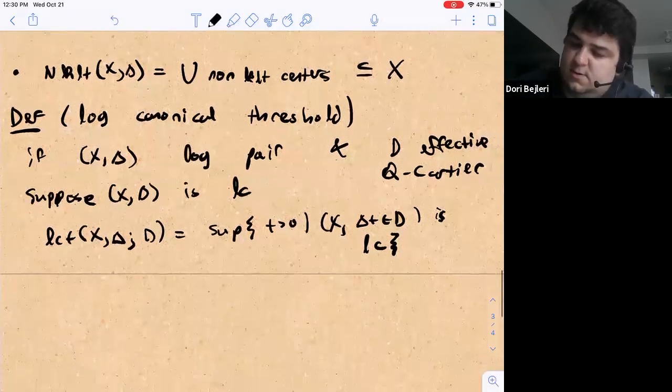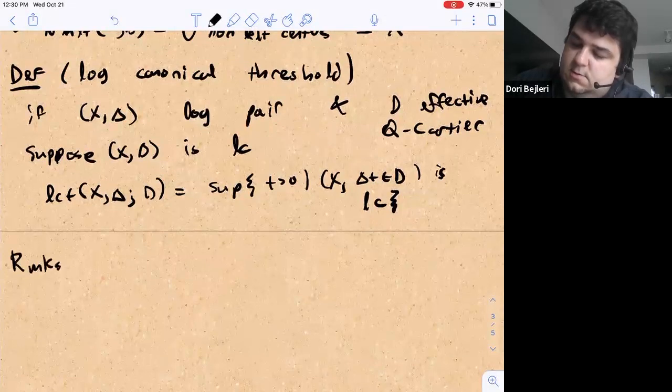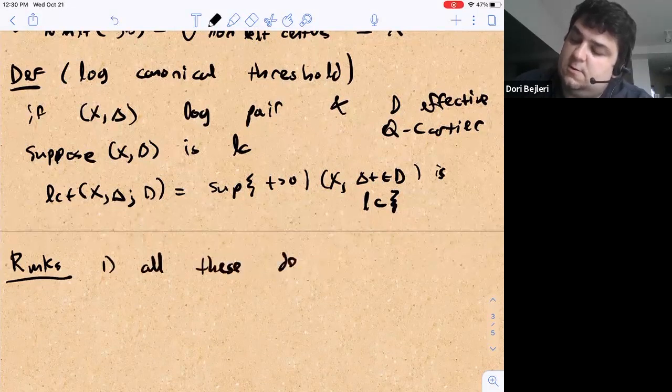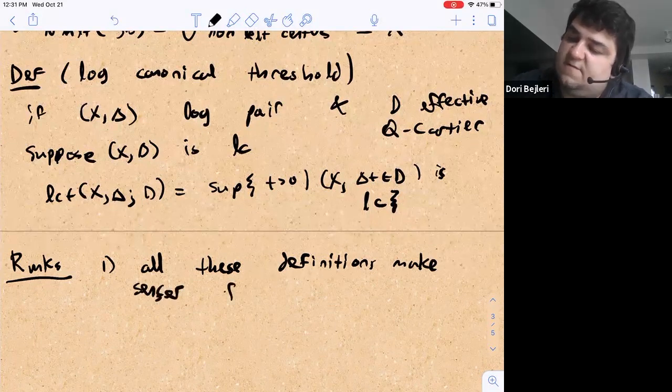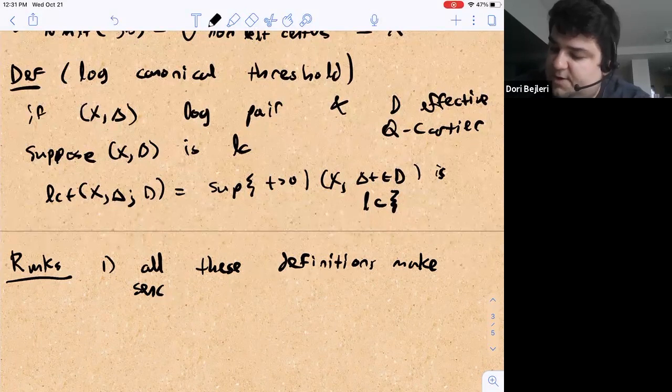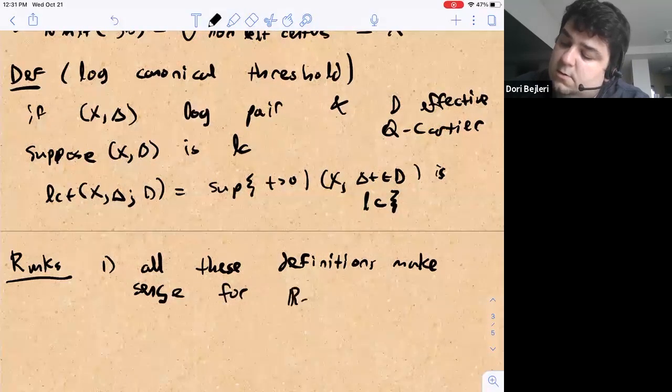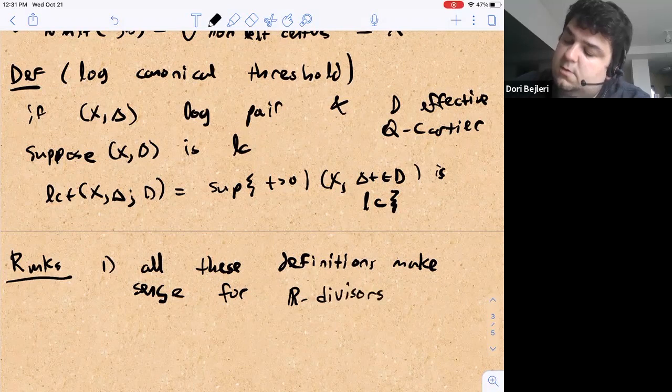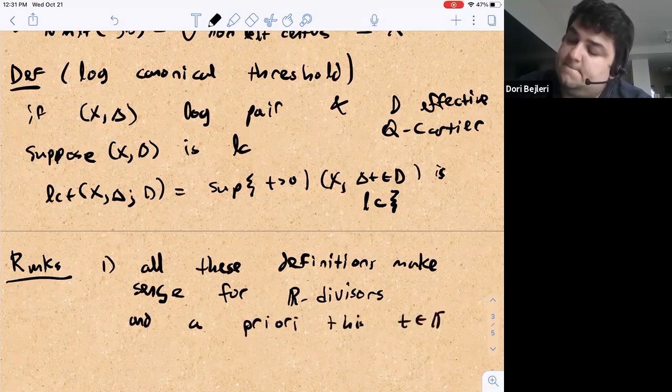And here, a couple of remarks. One is just that all these definitions make sense for R-divisors, as long as you assume the appropriate R-Cartier condition for K_X + D. And a priori, this t is just a real number because it's the supremum of some set.